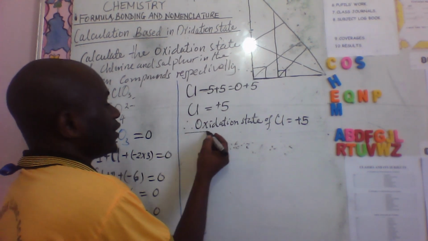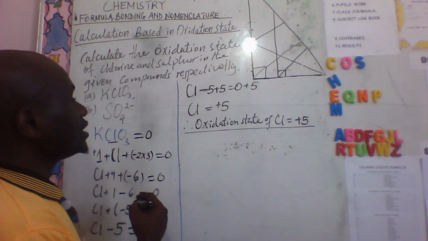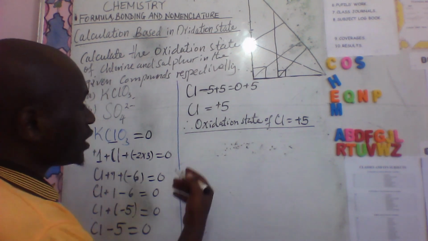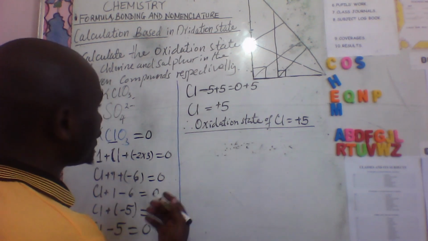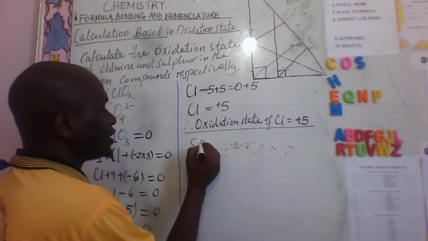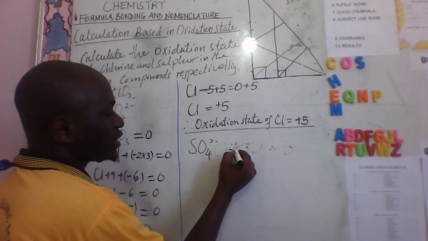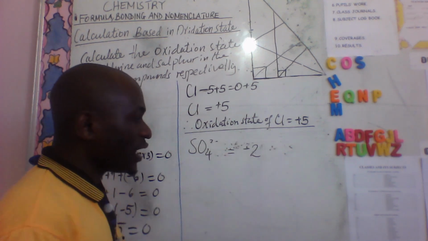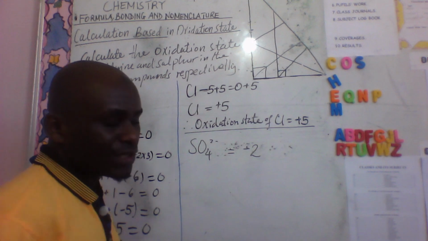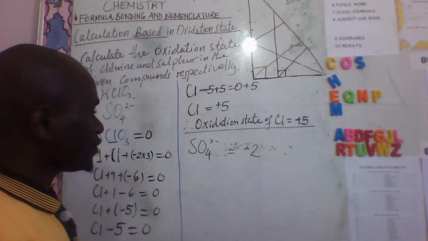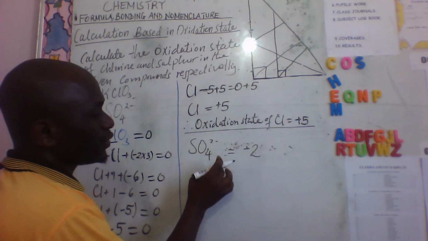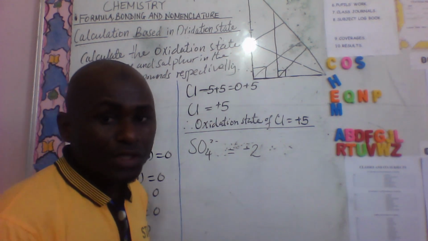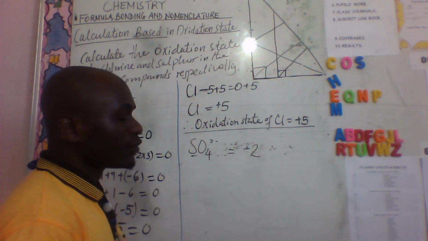So here we have sulfate with -2, meaning that this is a charged compound. If it is a charged compound, the charge is -2. What we are supposed to find out is sulfur.